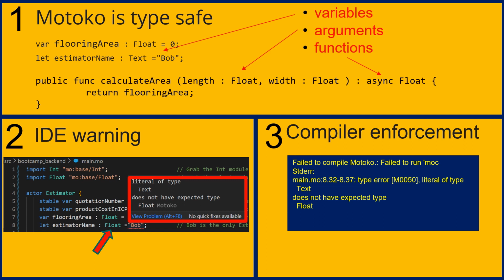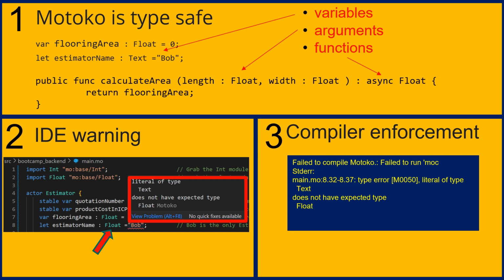We just mentioned that. And if you're using VS Code with the Motoko language service, or if you're using the Motoko playground, you'll notice that you will get feedback when mismatched types are entered. So for example, here I'm showing that we're going to assign the estimator name the value Bob, but I've declared it as a float.